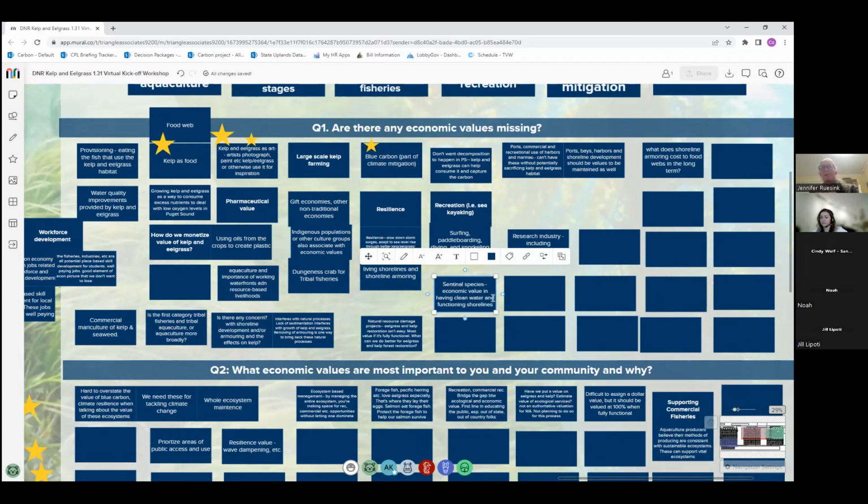So economically important, because if they are disappearing, then there's a whole bunch of other problems that they're indicating.